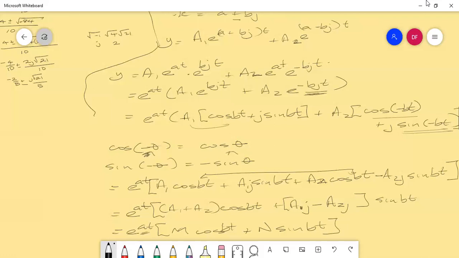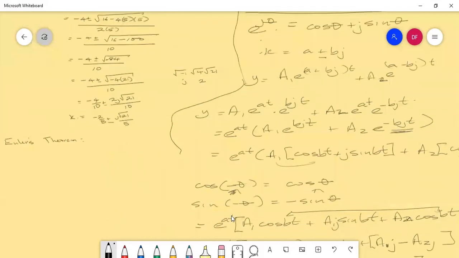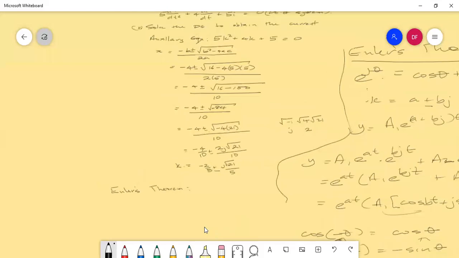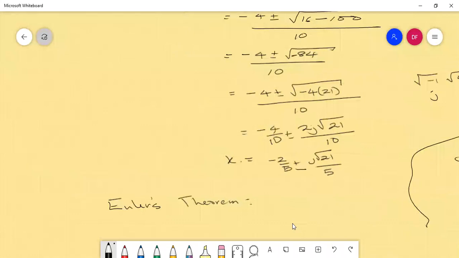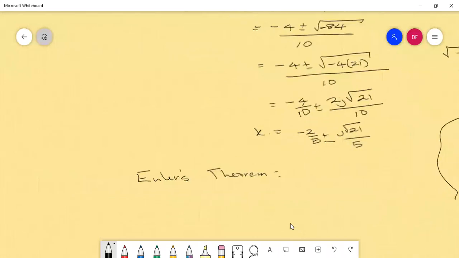So the solution is e to the real part t, times whatever constants you choose, m cos of the imaginary part b t plus n sin bt. So let's go back over here. This is our solution for our auxiliary equation.